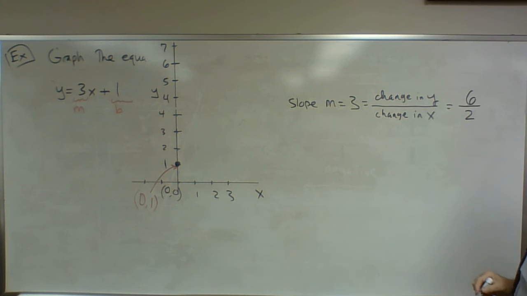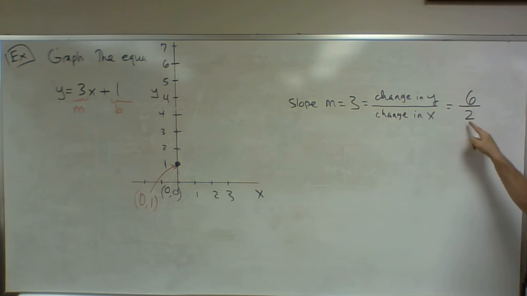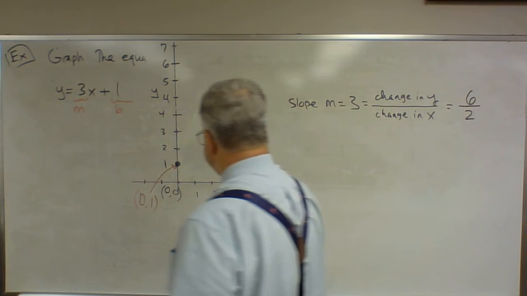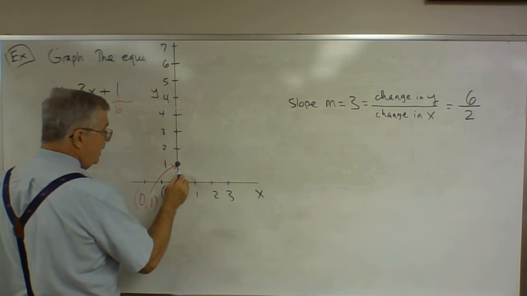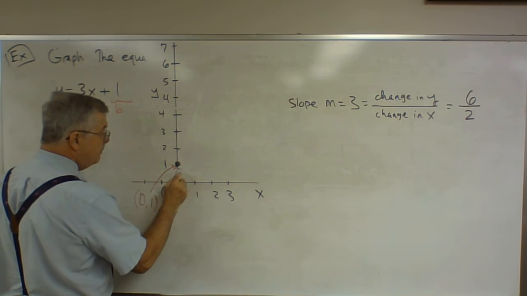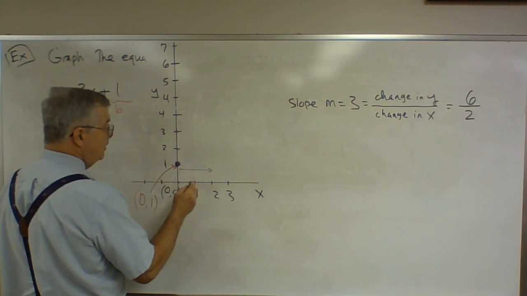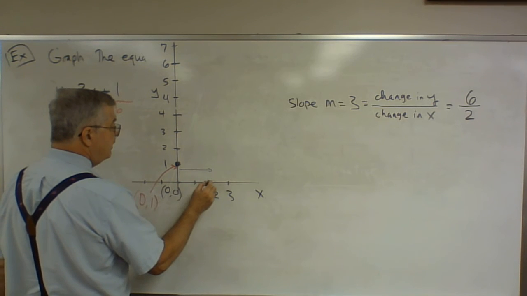6? 6 over 2, that's 3. Change in y is 6. Change in x is 2. We can do that. And the change in x is going to go from x equals 0 to x equals 2. So change in x is 2.